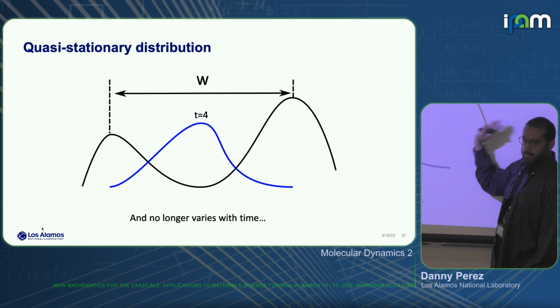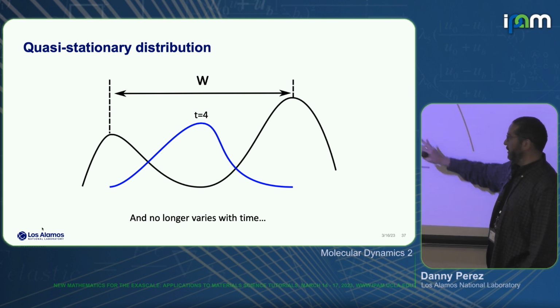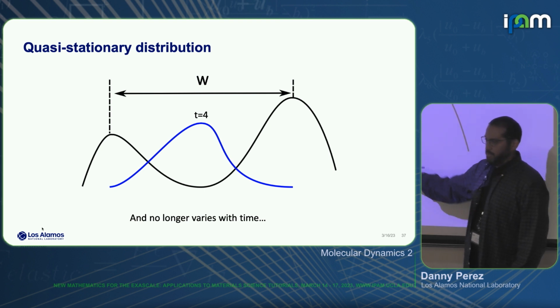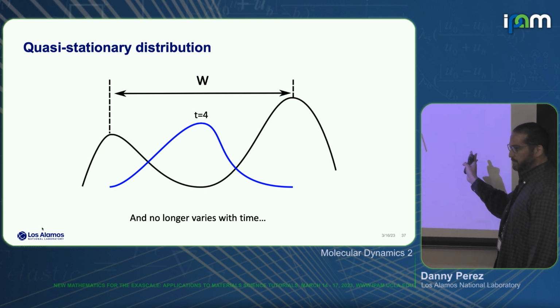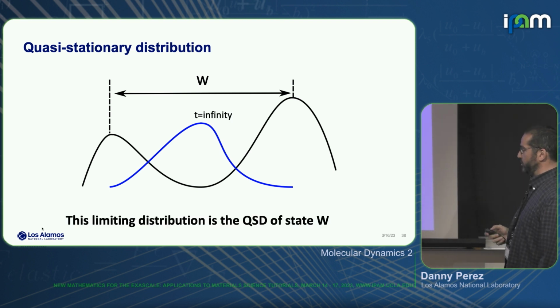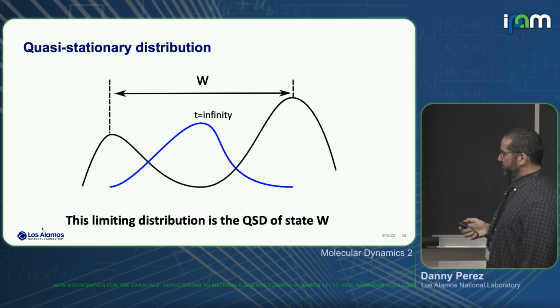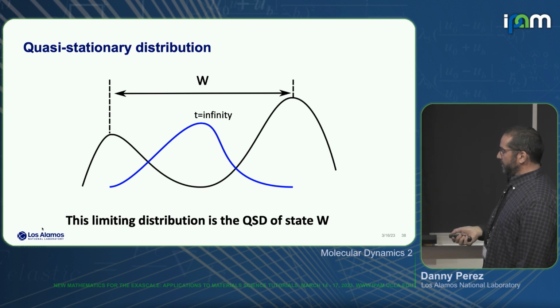So I'm leaking probability all the time. People are leaving, they're getting killed, and I just renormalize the distribution to 1. At some point, the shape converges to something that doesn't change anymore. So that limit exists, and that limit is what we call the quasi-stationary distribution.